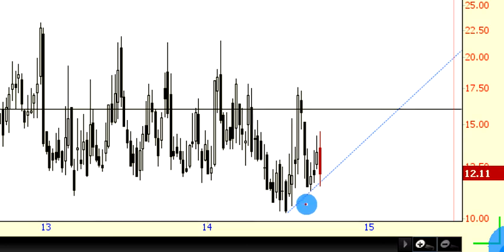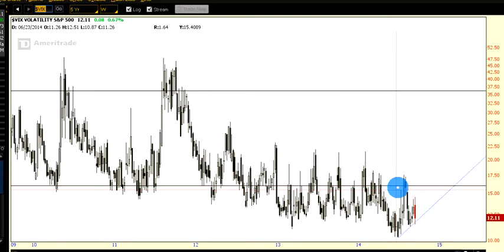And that's why the price of the VIX could come all the way down here, pierce it slightly, and then recoil back upwards. It's because a bunch of other people are looking at these same lines. So anyway, that's the VIX.